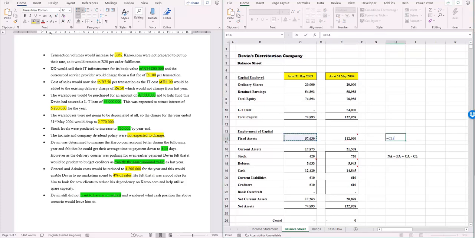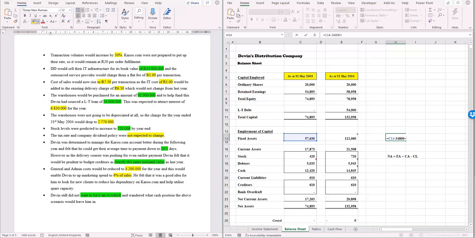So we've got to do a little calculation here that goes as follows. We're going to take that number, not subtract the 92, subtract 34,800, those are assets that we're selling, all right.